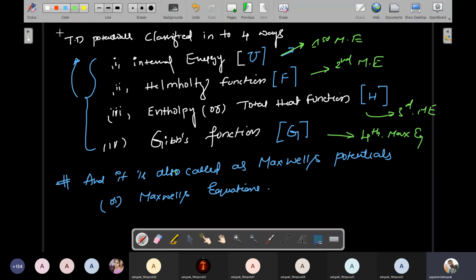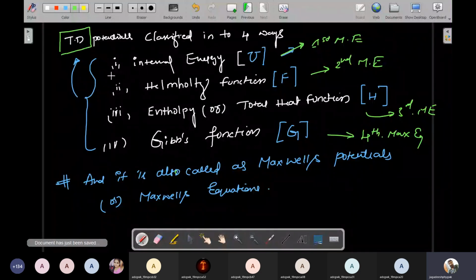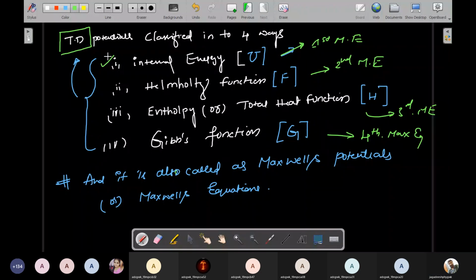See, this is very important. Thermodynamic potentials are classified into four categories. Right now, we'll discuss the first derivation, internal energy. Please note, everybody.